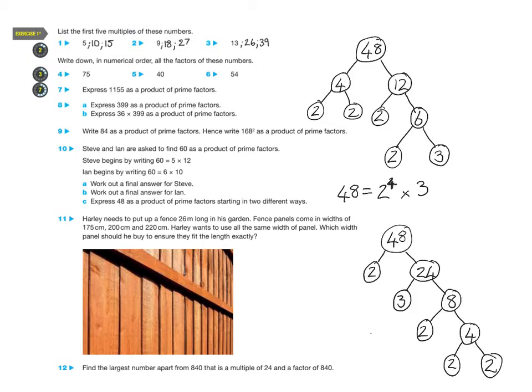So that means, according to that, 48 is also equal to 2 to the power of 4 times 3. And that's the purpose of this question, to show that even though you're dividing by different numbers, you're still going to get to exactly the same output.